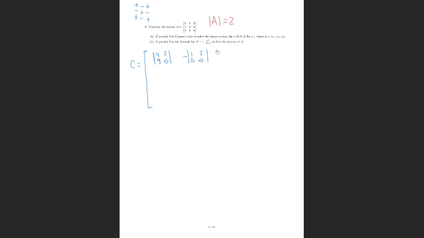So the next one, cross out row and column. So 1, 4, 5, 9. And then next one would be minus. Cross out column and row, 6, 2, 9, 0. Next will be cross out second row, second column, 2, 5, 2, 0.